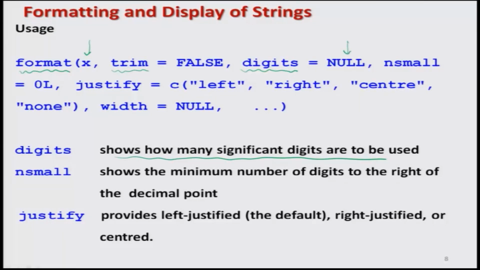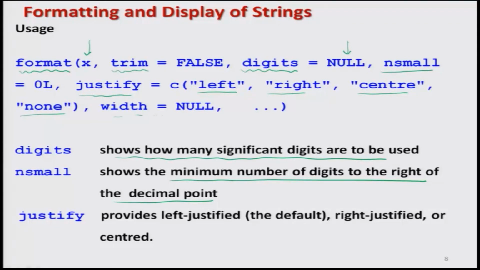The default is NULL, and it uses the default number available in R. Then another option is nsmall, which controls the minimum number of digits to be given on the right side of the decimal point. Similarly, you have justify, whether you want the alignment on the left-hand side, right-hand side, or in the center, or no alignment at all.